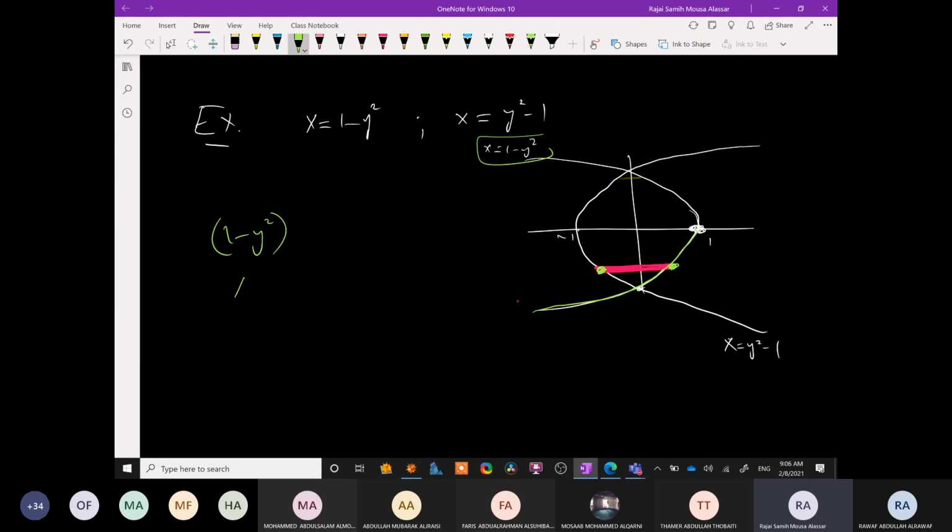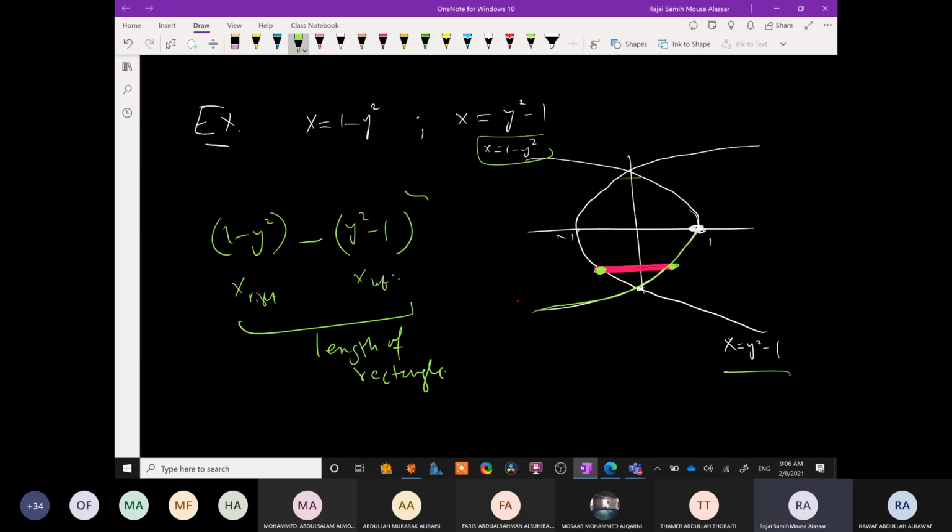This is x right, minus x left. What is x left here? It is y squared minus 1. Right? So what is this? This is the length of the rectangle.